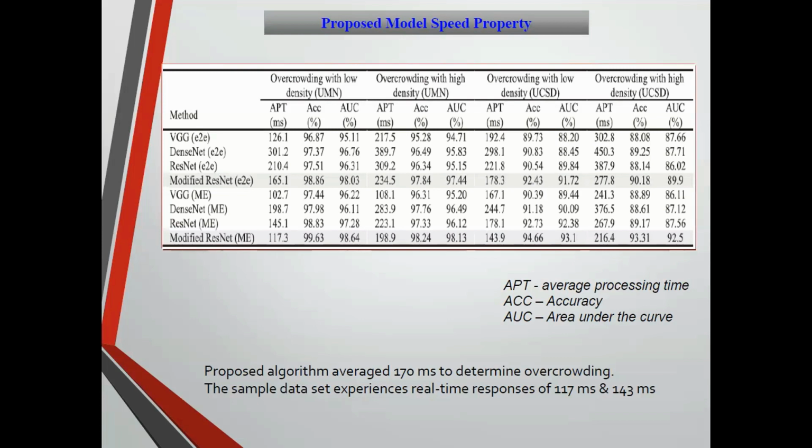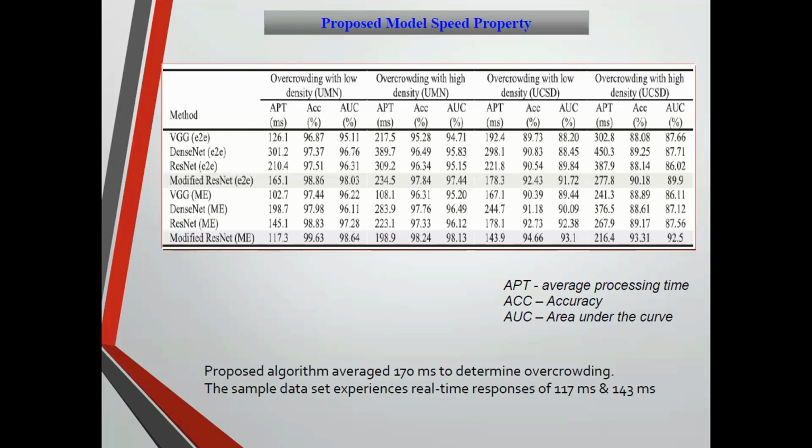In sending information to the social monitoring system, real-time systems are important for data delivery, and for data processing from one step to another. So for dealing with the above problem, we have considered APT, average processing time, accuracy, and area under the curve under different crowding condition scenarios.